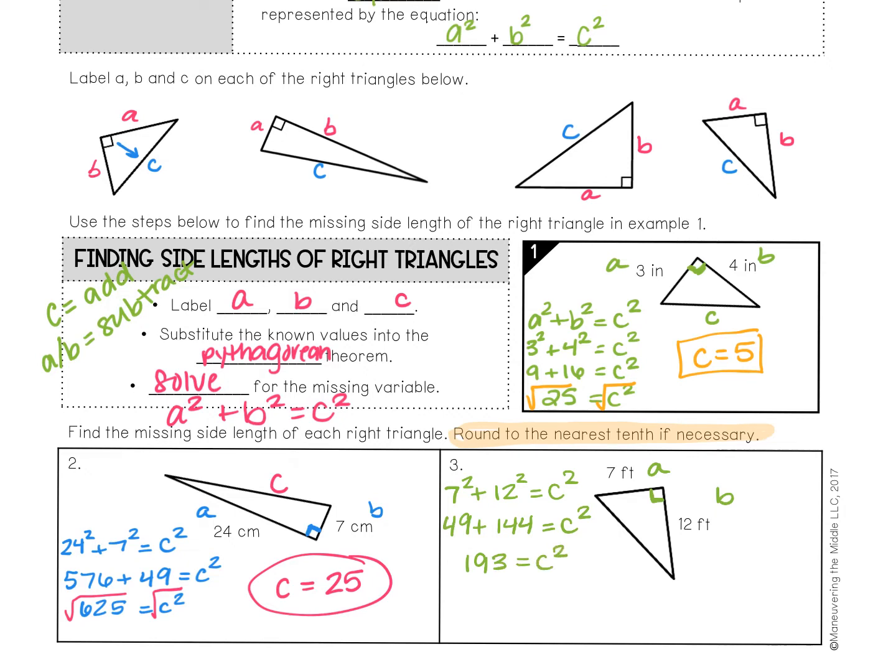Now I know that's not a perfect square, so it's probably going to give me a decimal. It's important to look at the directions, which told me to round to the nearest tenth. So I'm going to take the square root of both sides. When I put that in my calculator, I get 13.8924. Now it says to round to the nearest tenth, which is that first decimal place. That 9 is going to make that 8 go up 1. So C is approximately 13.9.